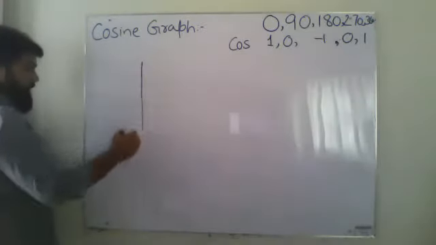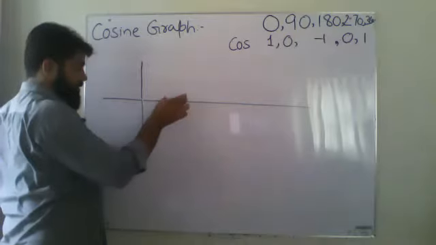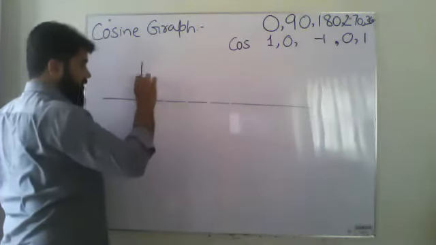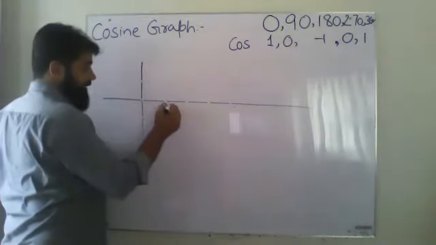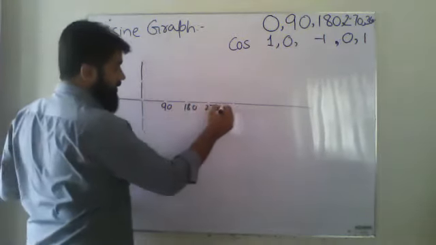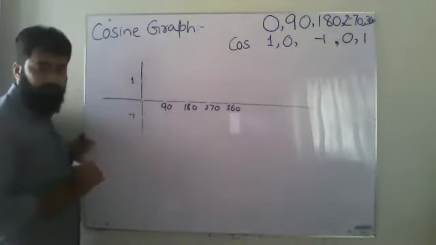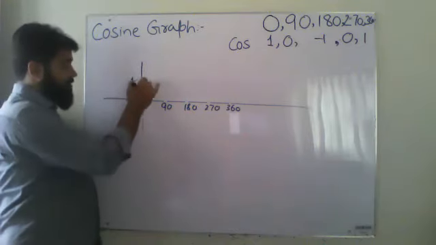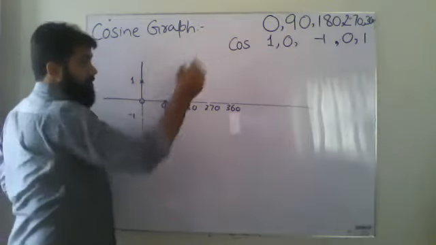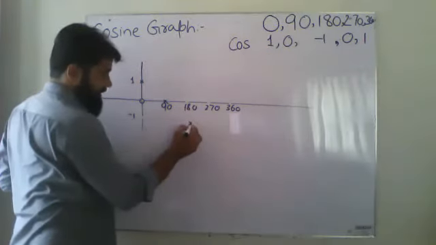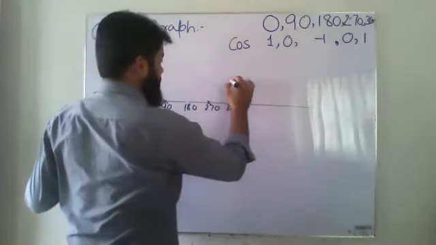So when I plot them on my graph, with 1 and -1 on the y-axis and 90, 180, 270, 360 on the x-axis: this is 0, cos 0 is 1, cos 90 is 0, cos 180 is -1, cos 270 is this, and cos 360 is this.